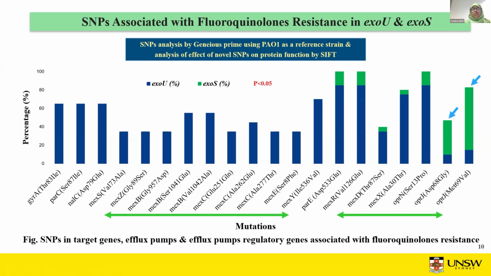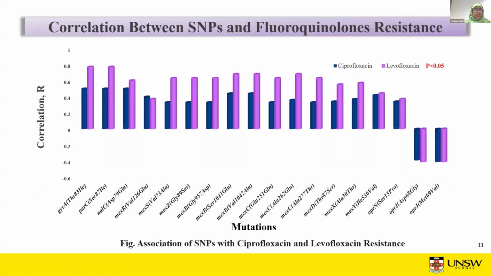To see whether these highlighted mutations have any effect on protein function, I analyzed them by the SIFT algorithm and found that these 4 mutations are functional. Then I tried to find out whether these mutations have any association with antibiotic resistance. I did this with Spearman's rho test and found that mutations in target genes gyrA and parC had a significantly large association with ciprofloxacin and levofloxacin.